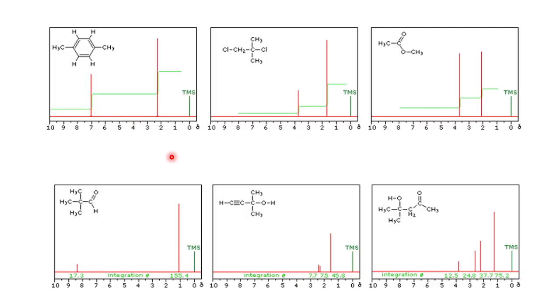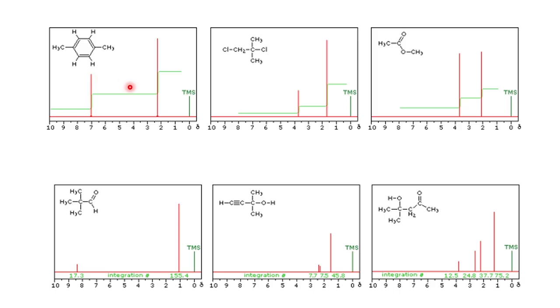Most have values in the range 0 to 10, but in the case of acids we get a delta value around 13 or 12.5. Now why are there only 2 peaks? Here there are 4 aromatic protons and 6 aliphatic protons.